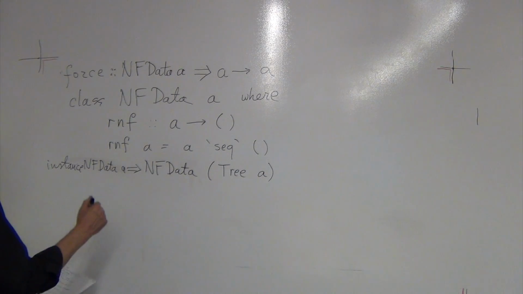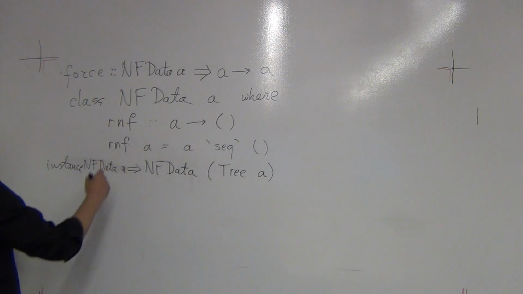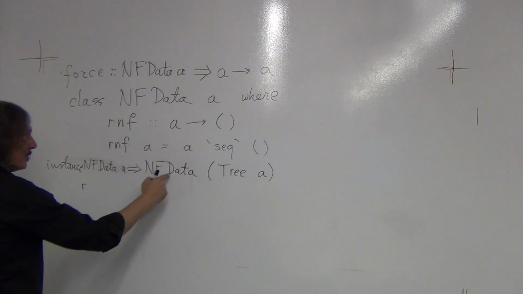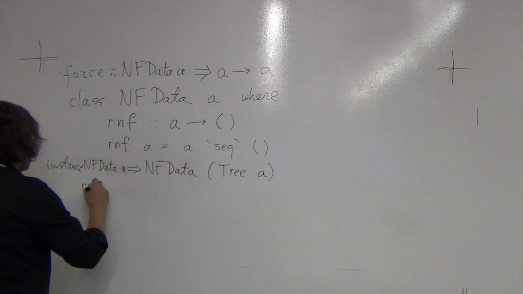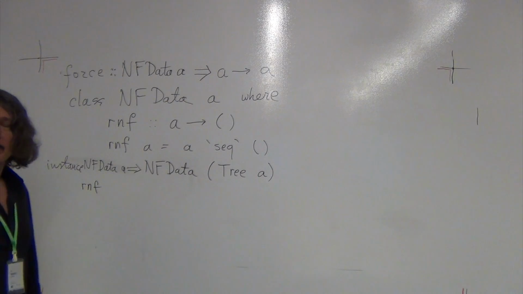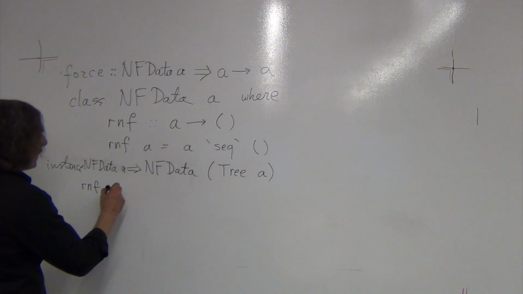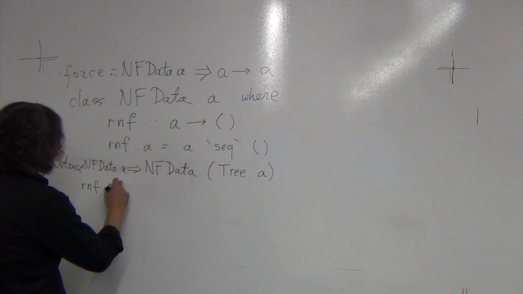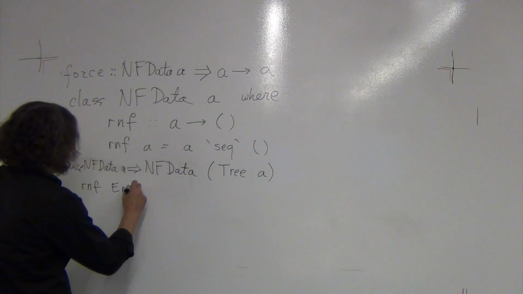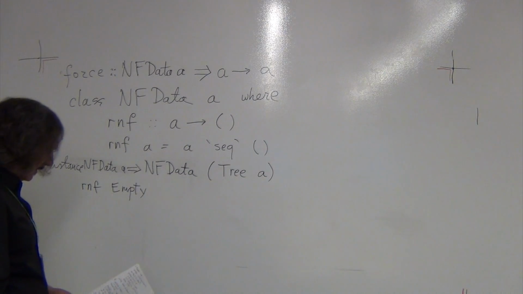Now we have to define our RNF on a tree. I remember tree had two constructors. One was empty tree, so defining an RNF for empty is kind of trivial.